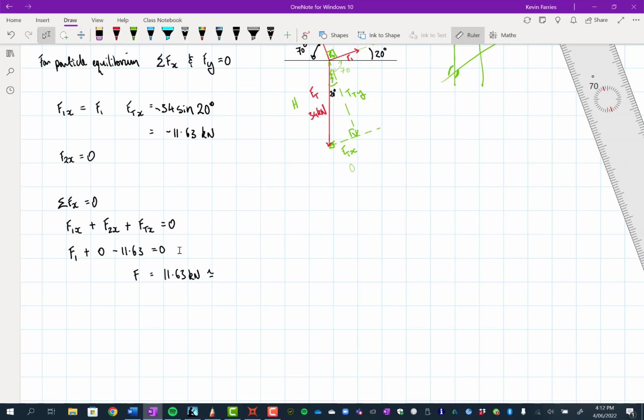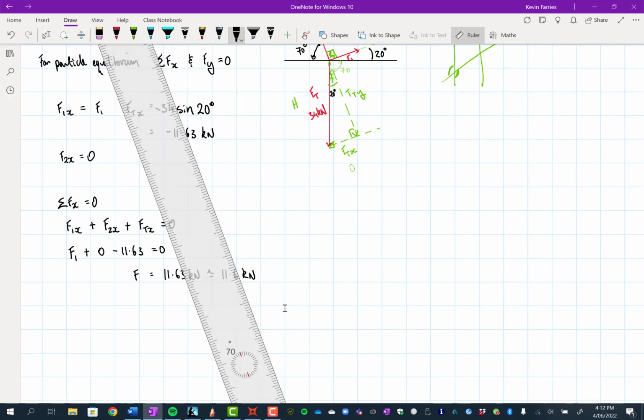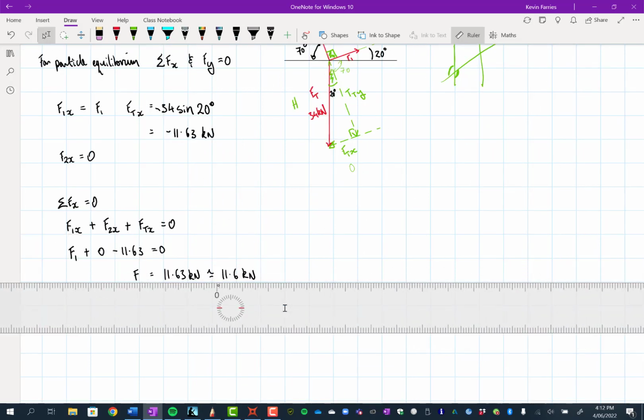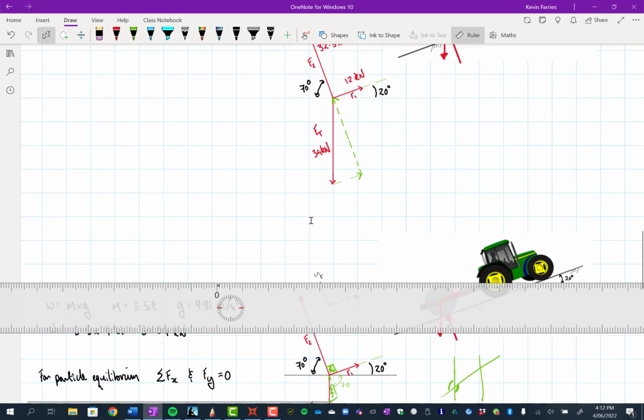Final answer now, so we can go to three significant figures: 11.6 kilonewtons. We can underline that because I think it agrees with what we did graphically.